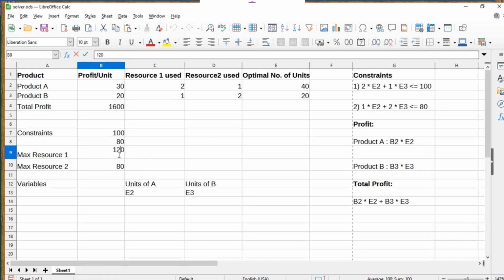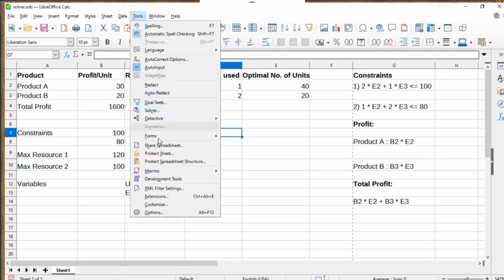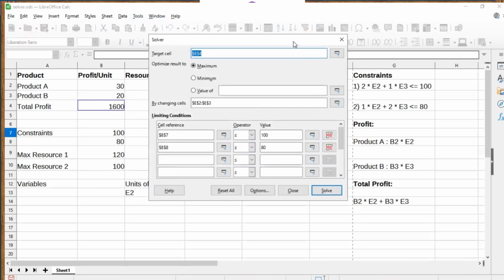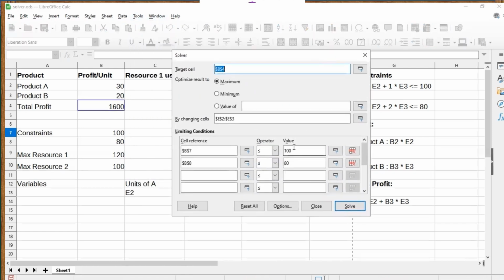Let's experiment by changing the maximum units of Resource 1 to be 120 and Resource 2 to be 100. Again, select the Solver option from the Tools menu. Everything is the same. Accept the constraints specifying maximum values of resources.